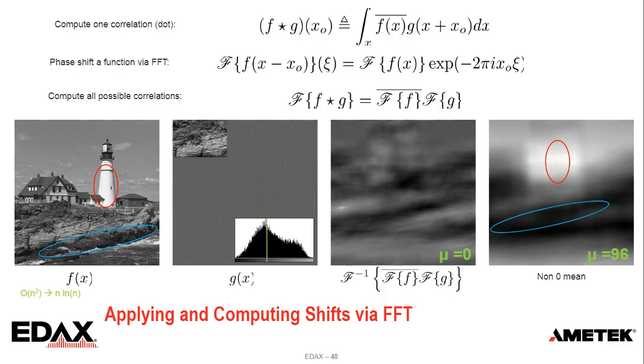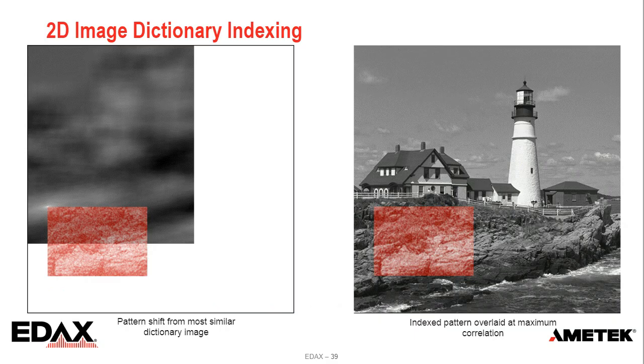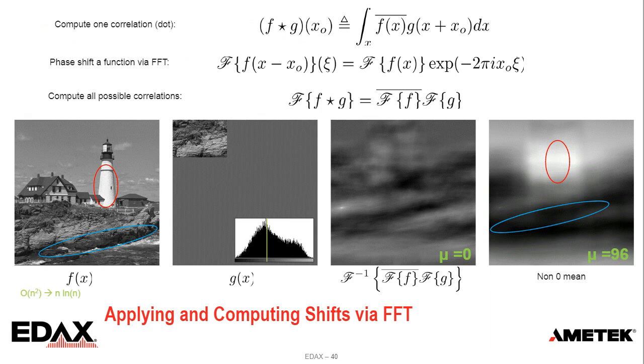So this image here, if you zero out the average of each of the images, is identical mathematically to this image on the left, except it's much more efficient computationally. Instead of being on the order of the side length of the image squared, it's side length times log of side length.